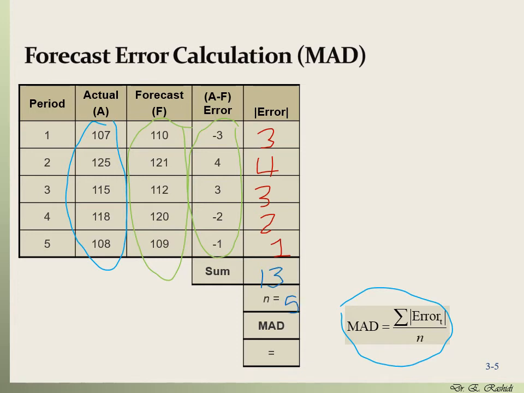So MAD would be 13 divided by 5 according to this formula, which is equal to 2.6. I'm going to put it here, 2.6. So that's our MAD. MAD is 2.6.